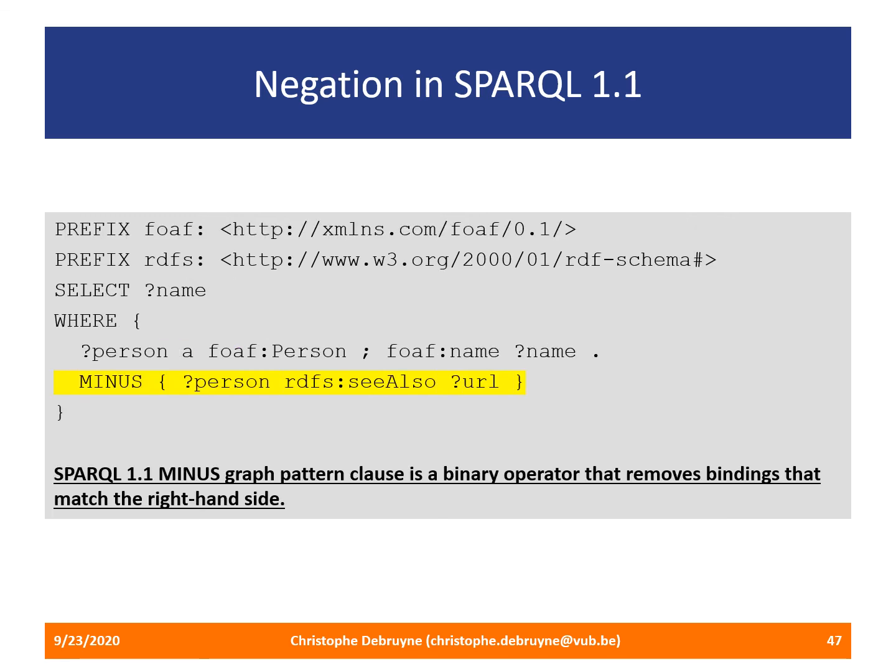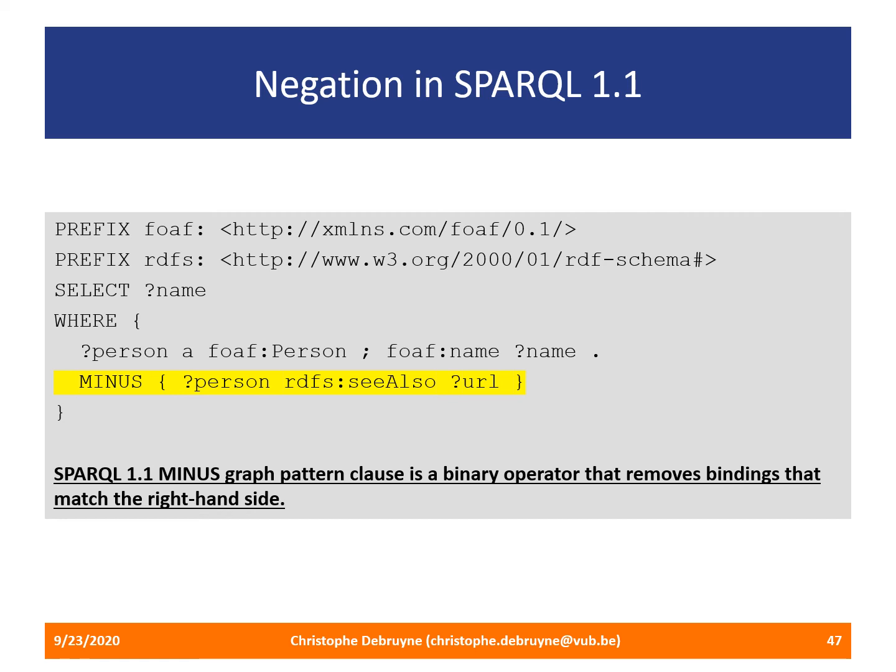Now, SPARQL 1.1 introduced two new ways of dealing with negation, and that is the MINUS operator and the FILTER NOT EXISTS condition. First, we will cover the MINUS operator.